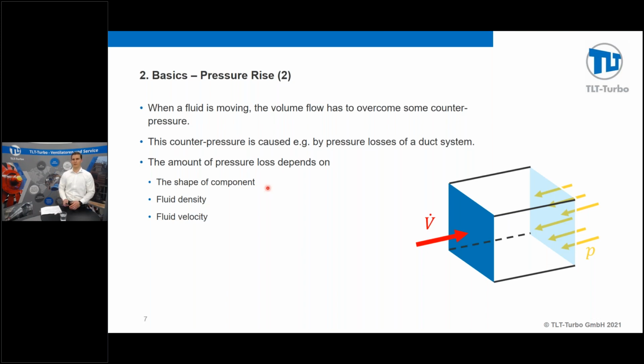We will have a closer look in the next minutes how we can actually calculate a pressure loss of a ducting system. So once again, the fan has to overcome these losses and this pressure resistance, and that was maybe a little bit theoretic.